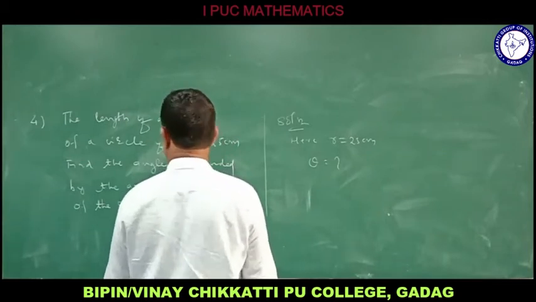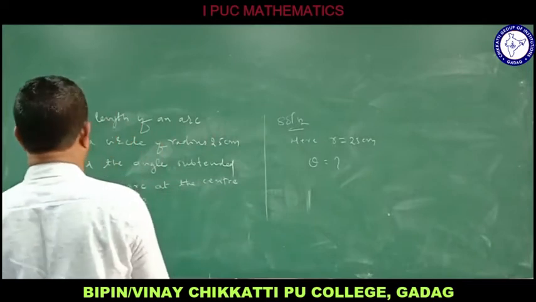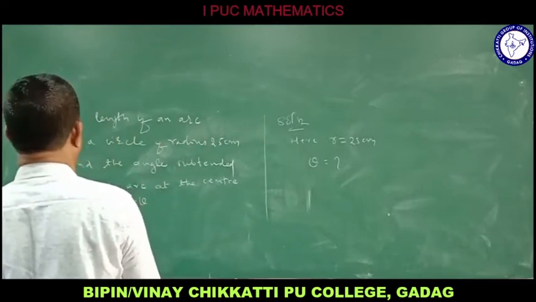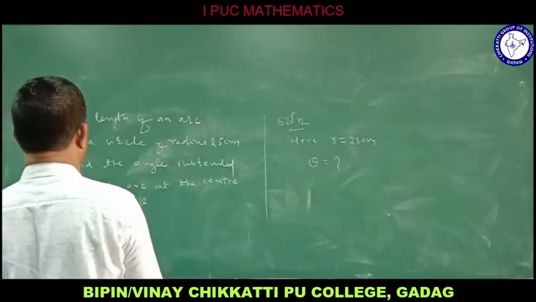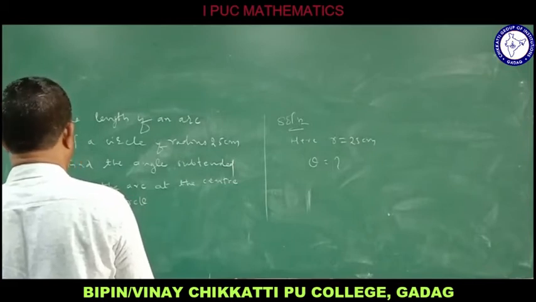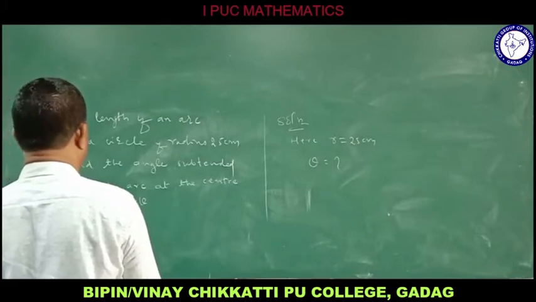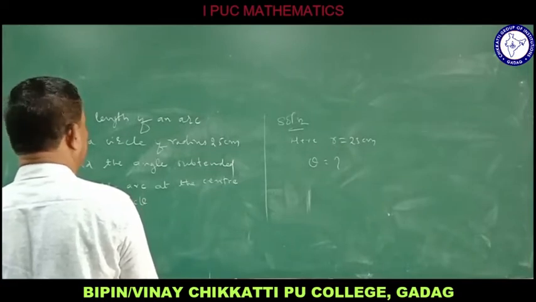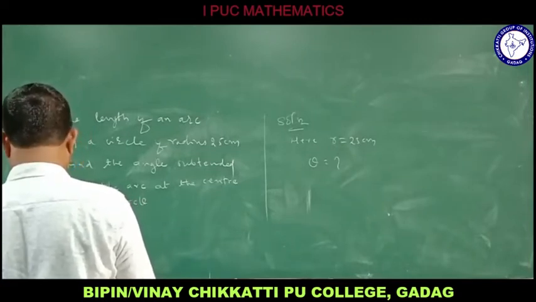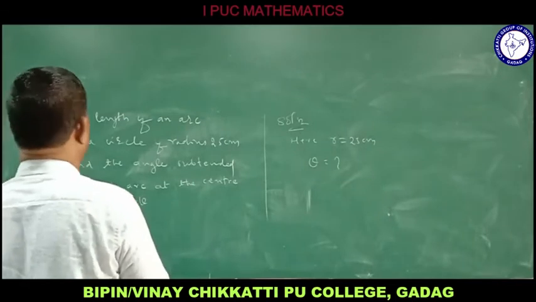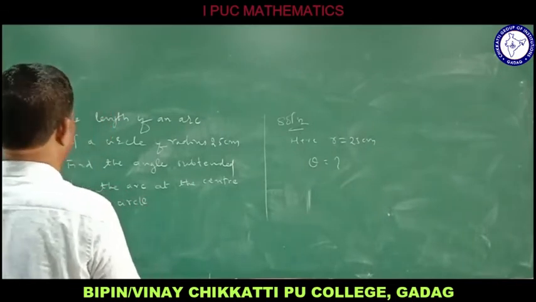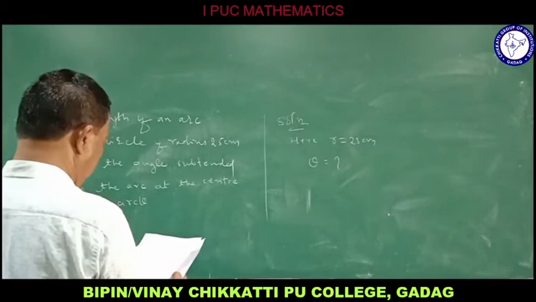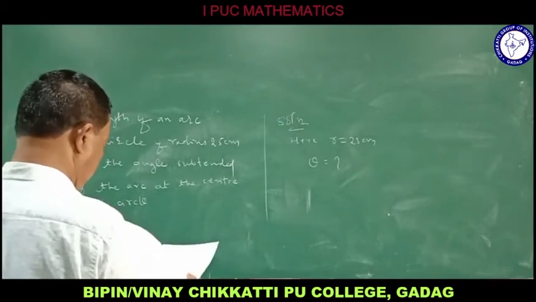What is one more thing there? The length of an arc of a circle of radius 25 centimeter. Find the angle subtended by the arc at the center of the circle. Here only one piece of information, 25, is given, but the length of the arc is not given, so that we have to verify.